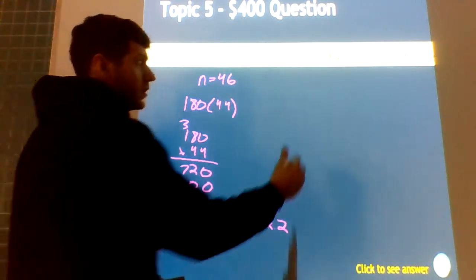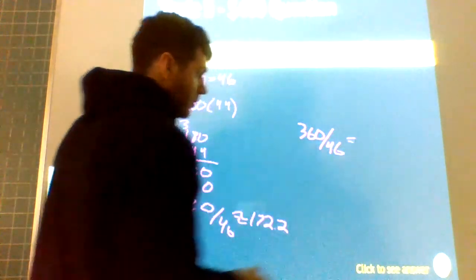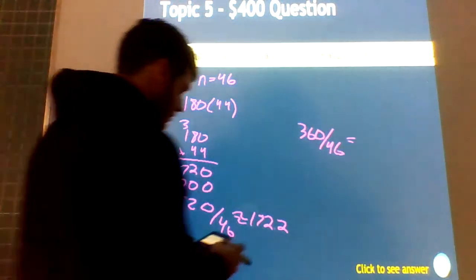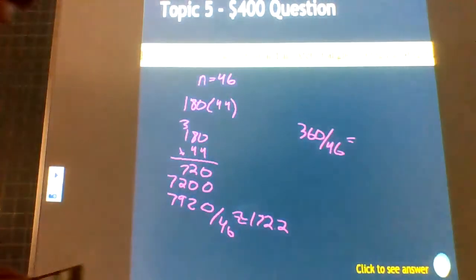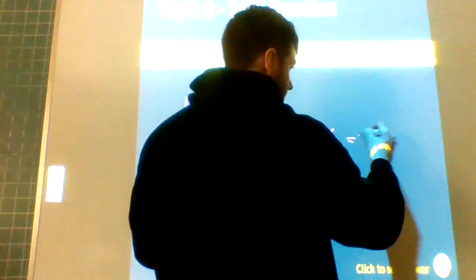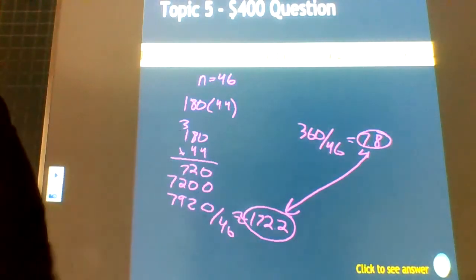Okay, the sum of the exterior angles is 360, and there are going to be 46 of them. So 360 divided by 46. That's 7.8. Right, and that's good because these two should be supplementary. They should add up to 180.